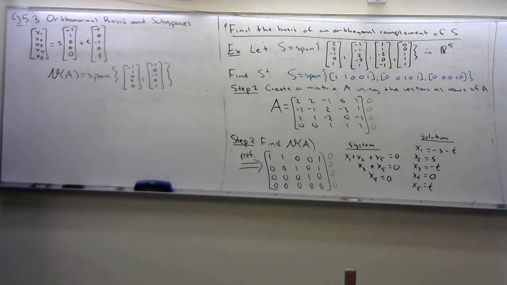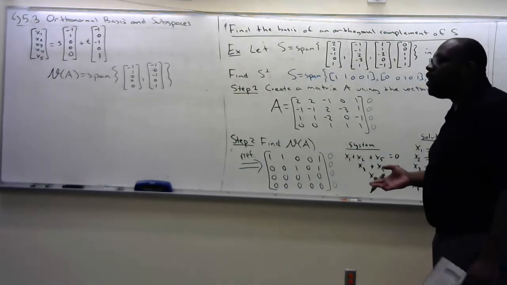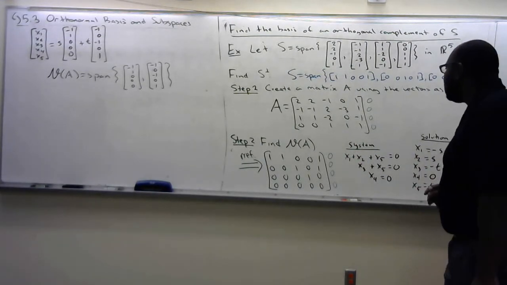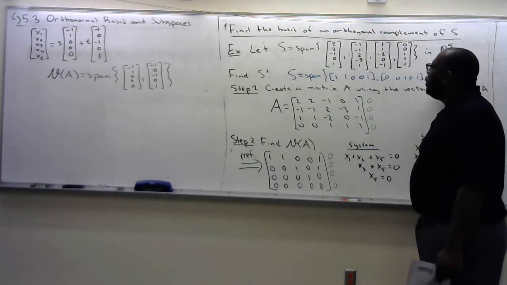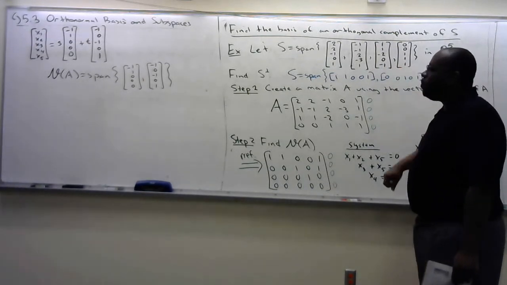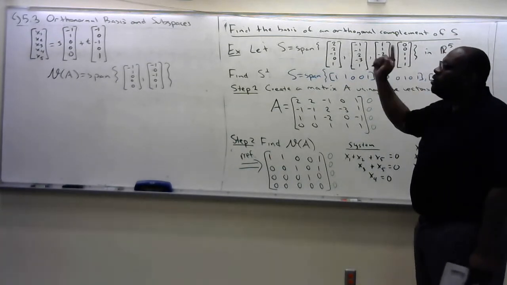I just erased what we had before, but the row space of A and the null space of A are orthogonal complements of each other. So we saw what the row space of A is going to be. It's going to be given by these three vectors, or by this, either one. Those vectors have to be orthogonal to the null space of A.